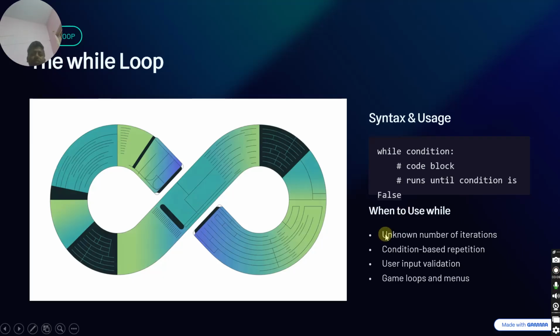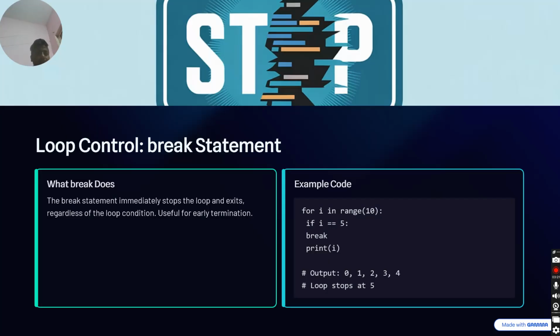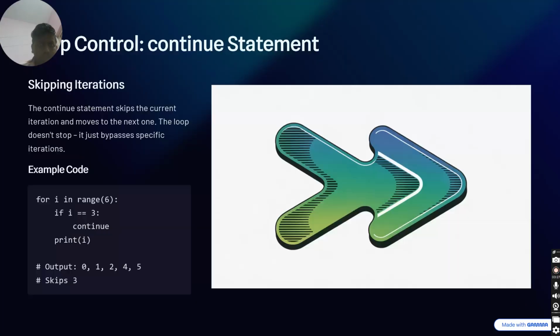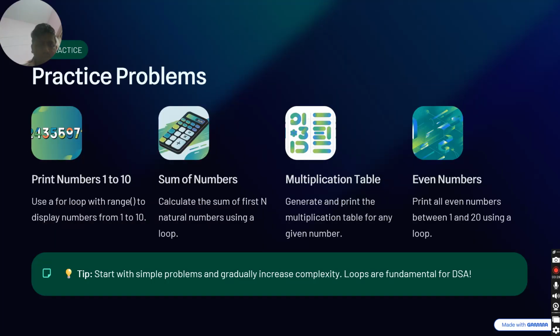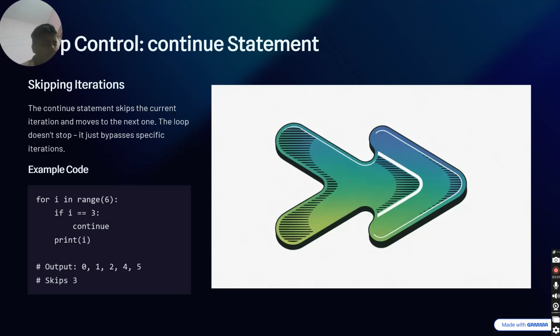Here are the situations where you need to use a while loop: unknown number of iterations, condition-based repetition, user input validation, and game loops and menus. Let me discuss the while loop with an example in the code.